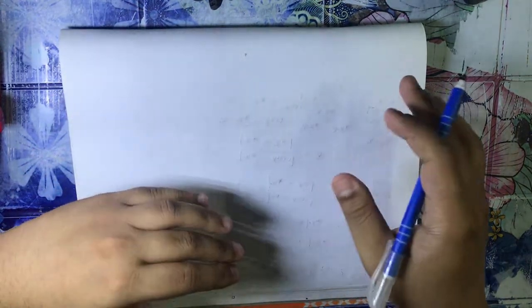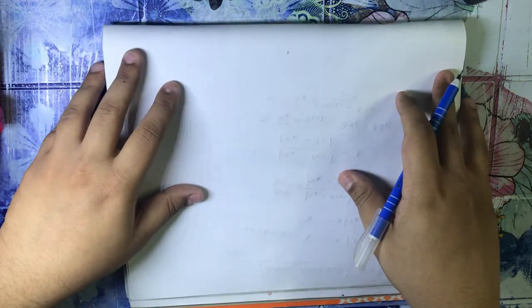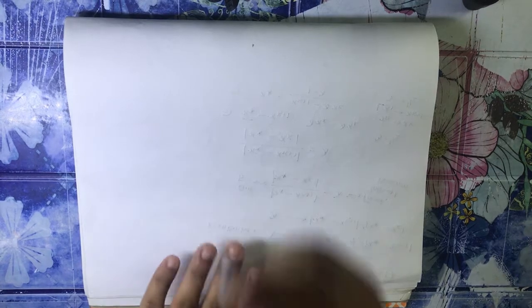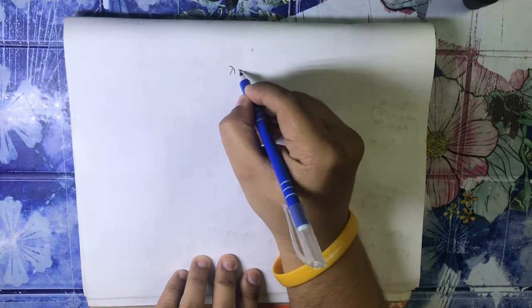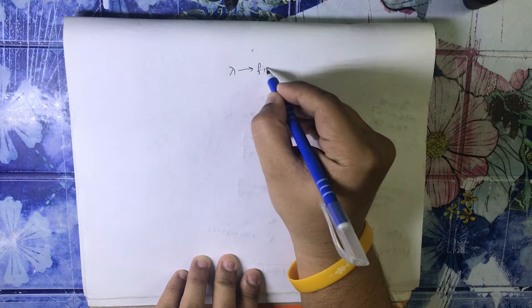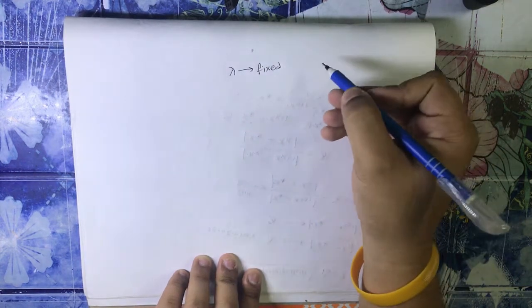Let's see how we can manage our use of fixed point iteration using Aitken Acceleration. Now, moving on to Aitken Acceleration for fixed point iteration. The problem that we will face in fixed point iteration is that our value of lambda is not fixed.